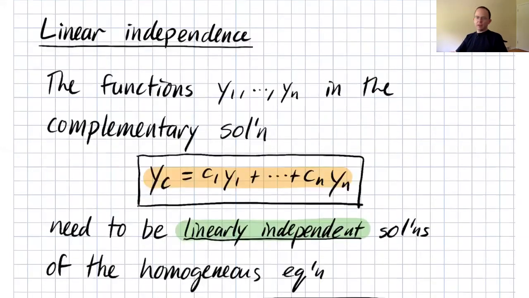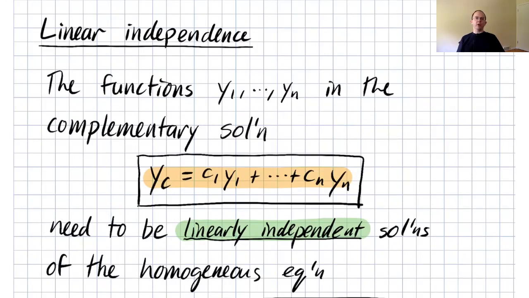So an important thing that I mentioned when we were starting out is that the functions in the complementary solution need to be linearly independent. We've already seen that if you have a function in there that is redundant, in other words it depends linearly on the other functions, then it doesn't add anything to your complementary solution.